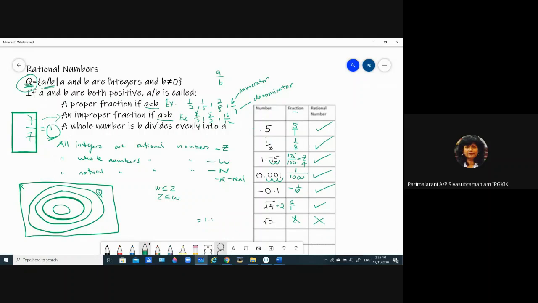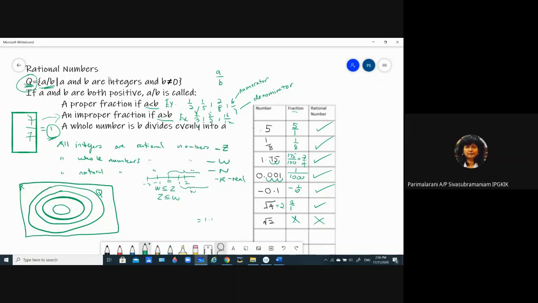So integers have positive numbers and negative numbers. If you draw a number line, this is 0, 1, 2, and so on. This is negative 1, negative 2. These are all integers. This side is all whole numbers, correct? From 1 onwards, it's natural numbers.